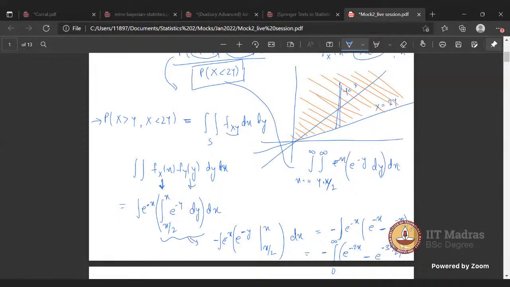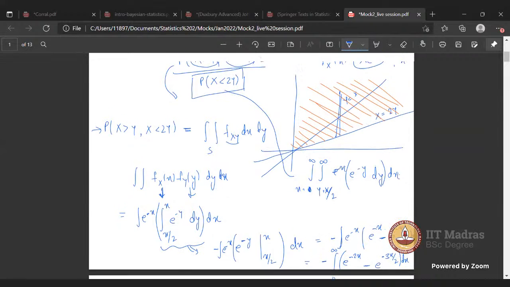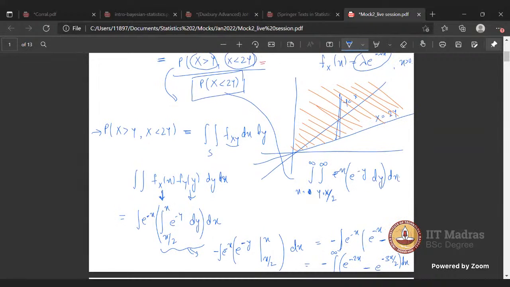So earlier, you said it is an intersection between y equal to x and x equal to 2y, right? Yes. That is understood. What about x from 0 to infinity? Can you explain that? So we have fixed our limit for y that goes from x by 2 to infinity. Now you have to take the limit for x.